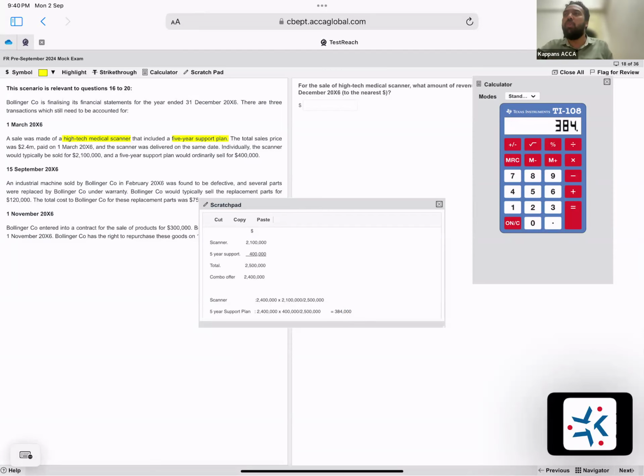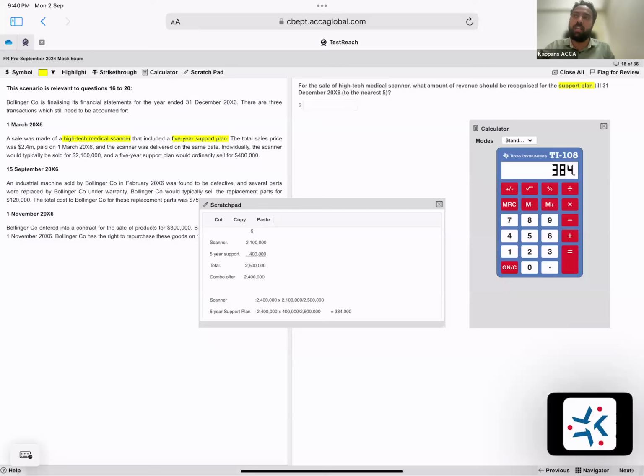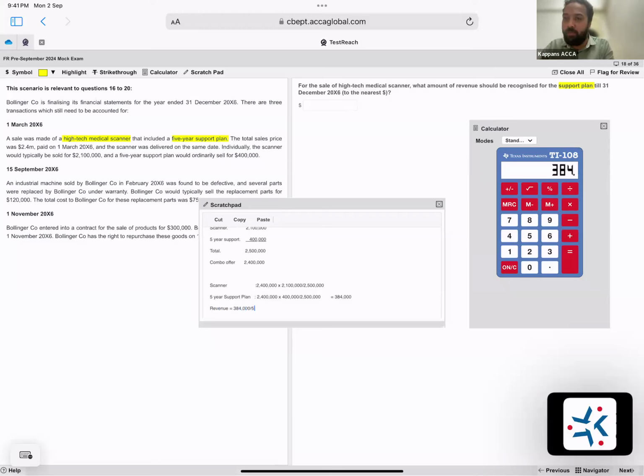The question is not asking about the transaction price. The question is asking how much revenue should be recorded. So for the 5-year support plan, the revenue will be 384,000 divided by 5, then time proportion. That is for 1 year. We don't have 1 full year because the sale was made on 1st March XX and the year end is 31st December.